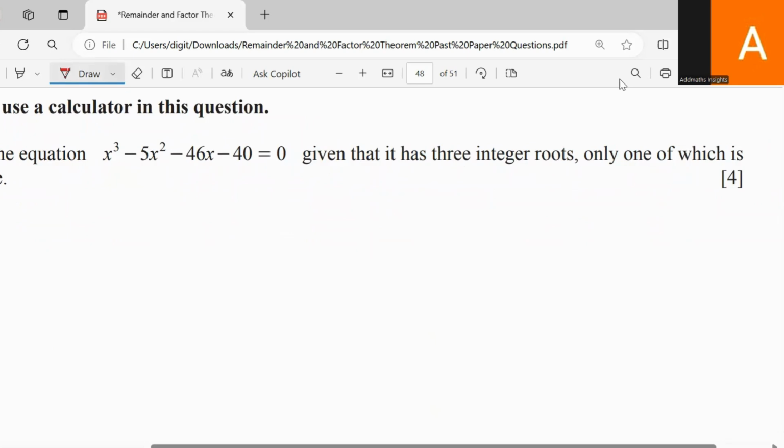You can use the remainder and factor theorem to find the root, or secondly you can use synthetic division. So we'll do this question using synthetic division. First you write the factors of minus 40.